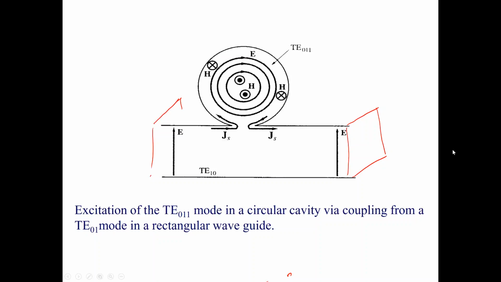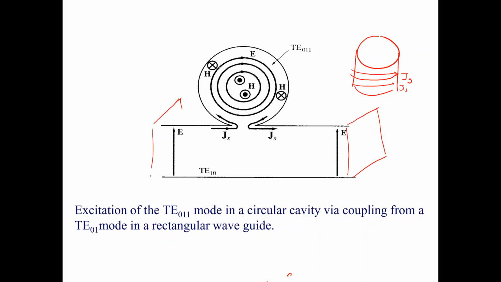And what we are trying to do, again, remember in the cylindrical cavity, if I was drawing it this way, you know that you have a J surface current going this way. This was the induced J surface current due to the magnetic field.